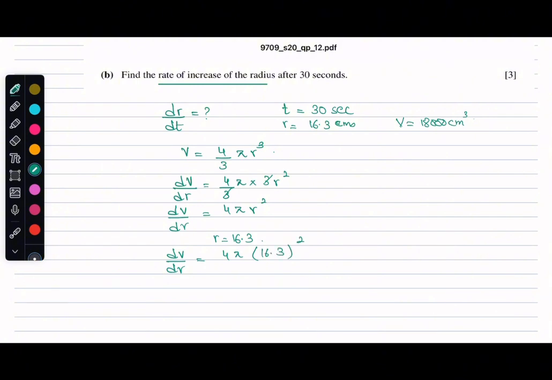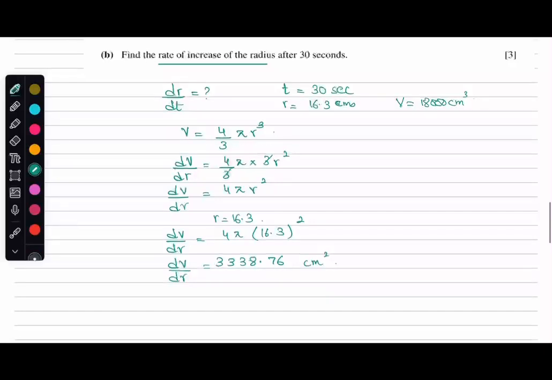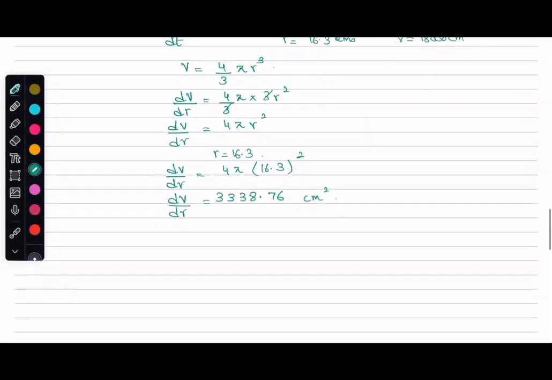So this dv by dr value comes out to be 338.76 centimeter square.